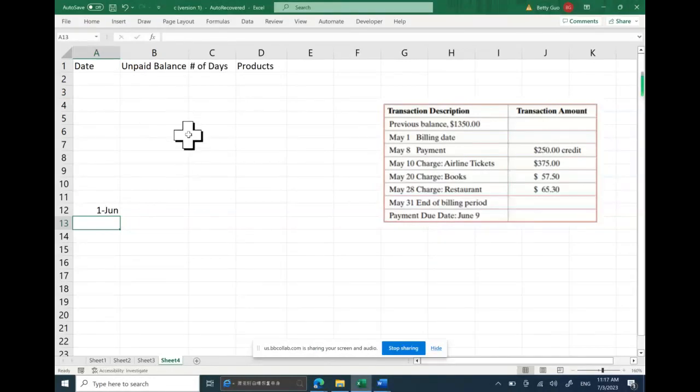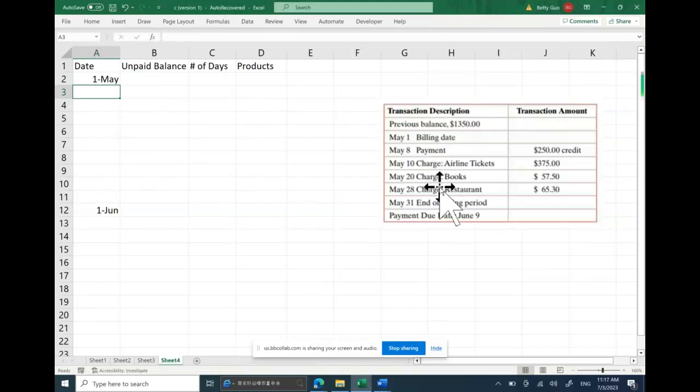All right. So let's see how we set up a table to work on the information that is given to find out the average daily balance in this billing cycle in May. Okay, so the first column is going to be the dates. We start from the first day of the month, May 1st.